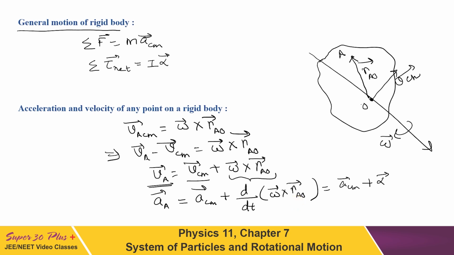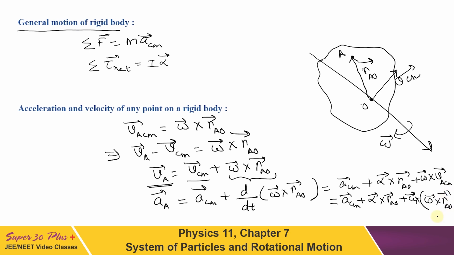So it has to be alpha cross RAO plus omega cross V_A/CM, which is differentiation of RAO with respect to time, and it can be written as ACM plus alpha cross RAO plus omega cross. Now V_A/CM just now we have derived to be equal to omega cross RAO.